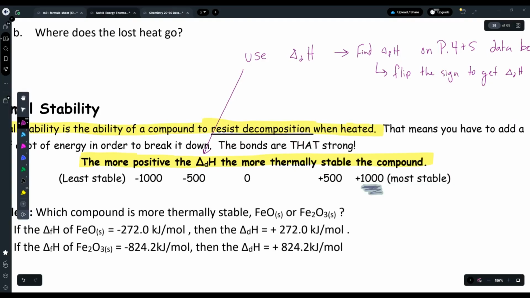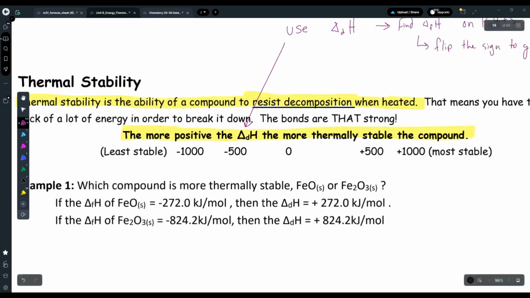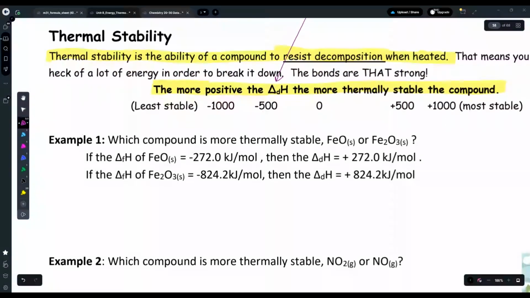Okay, so what this is saying is it would take 1000, assuming the units are kilojoules per mole here, it would take 1000 kilojoules per mole of a certain substance in order to cause it to decompose. Okay, so again, the more energy you have to put into something to get it to decompose, the more stable or thermally stable it is.